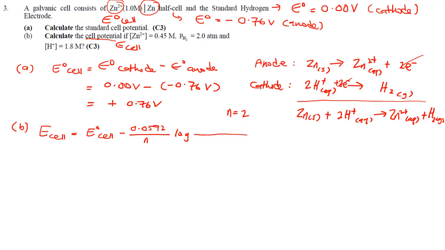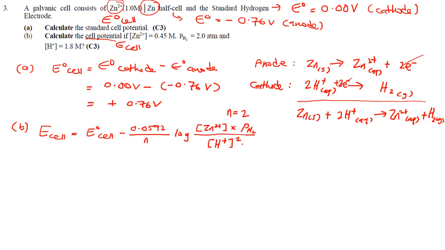Okay, so maksudnya dekat produk kita dapat zinc ion aqueous dan kita ada hydrogen gas. Okay, kalau contohlah depan hydrogen gas tu ada 2, nanti dia akan jadi kuasa 2, sama je. Okay, dan reactant kita hanya ambil yang aqueous ni, iaitu hydrogen ion. Okay, dan kalau you perasan ada 2 mol depan tu, so dia akan jadi square.